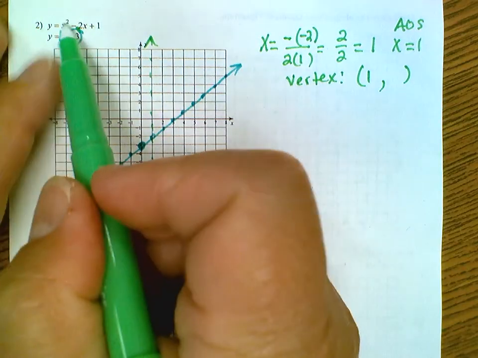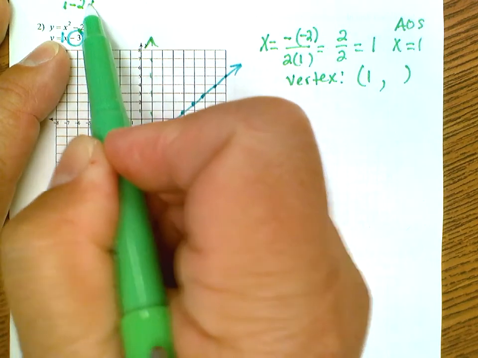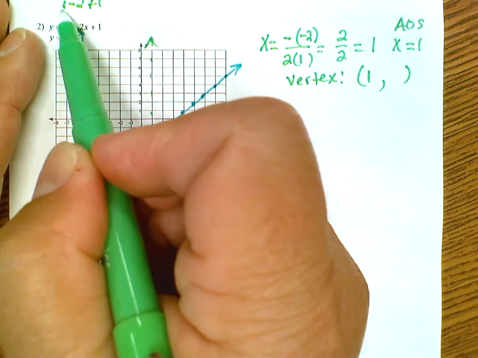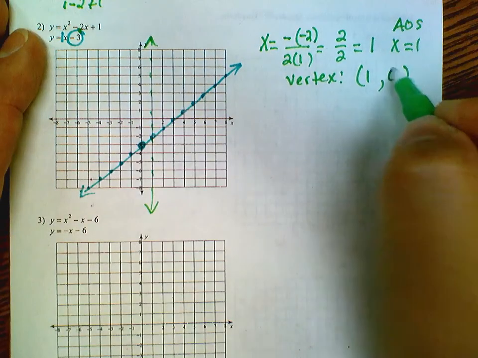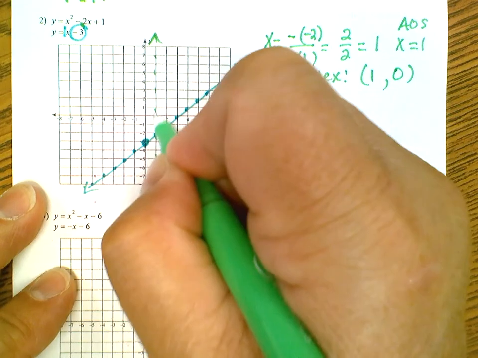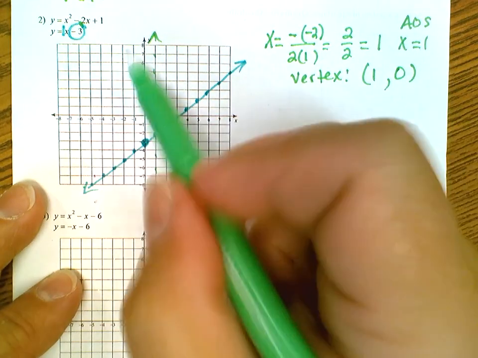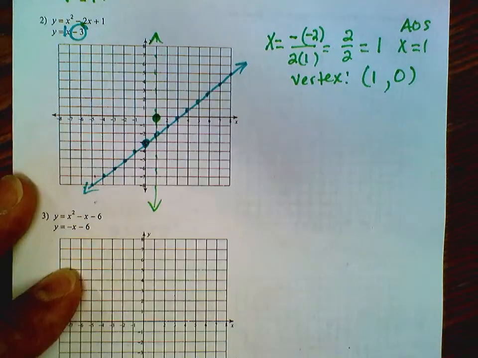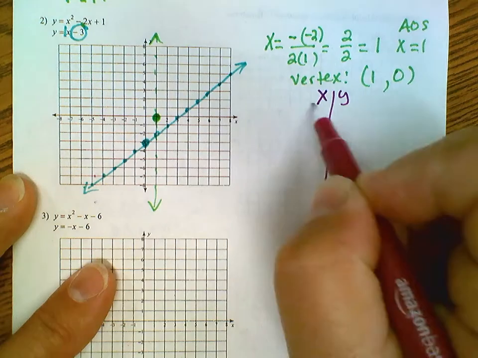So if I plug in 1, I've got 1 squared minus 1 times 2 is 2, plus 1. So 1 minus 2 is negative 1, plus 1 is 0. So my vertex is 1, 0. And that graph is going to open upward, so I have a suspicion of what's getting ready to happen.